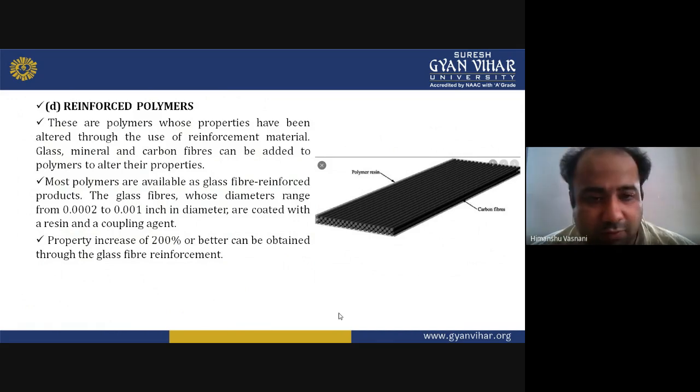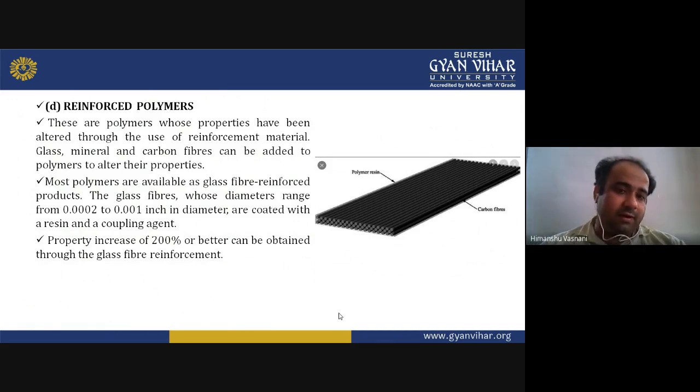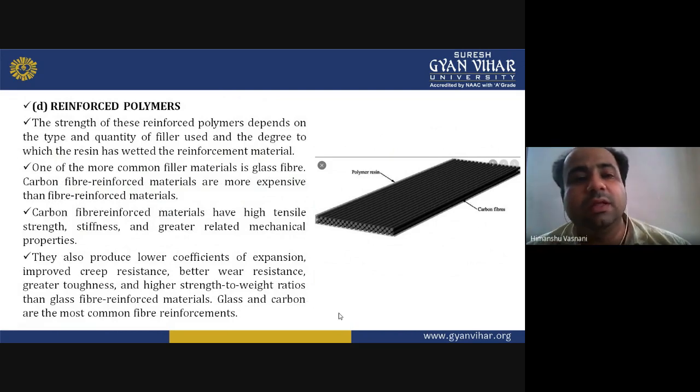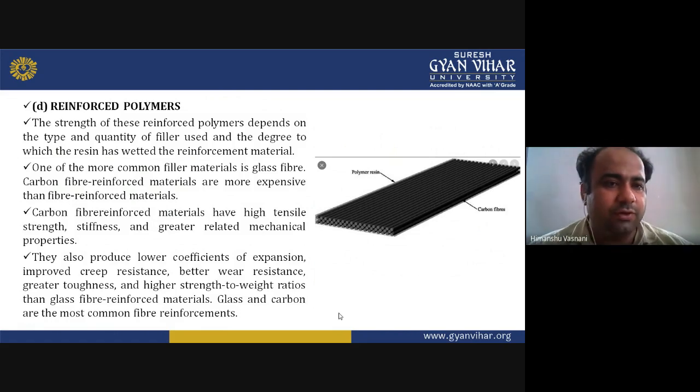Property increases of about 2% or better may be obtained with the glass fiber reinforcement. The strength of these reinforced polymers depends on the type and quantity of filler used and the degree to which the resin has wetted the reinforcement material.